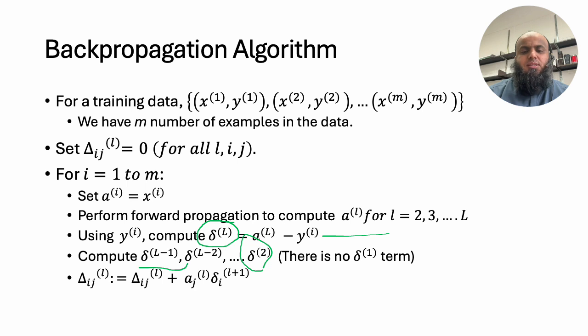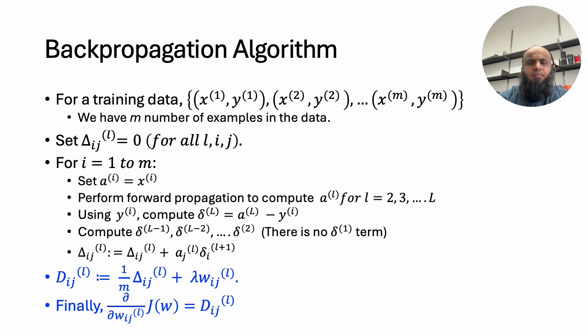And finally we assign this term to our gradient matrix, so we update the gradient matrix by using this equation. So we are multiplying the error terms with the corresponding activation values, and then we add it to the gradients to update our gradient terms.